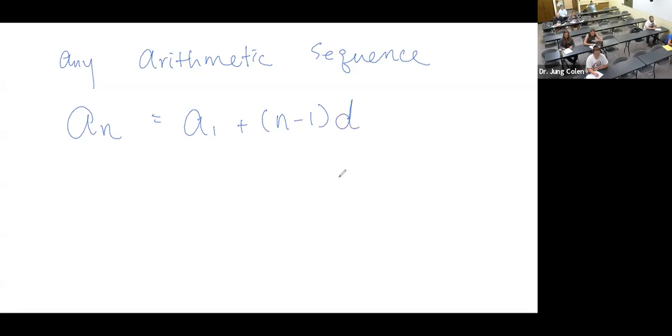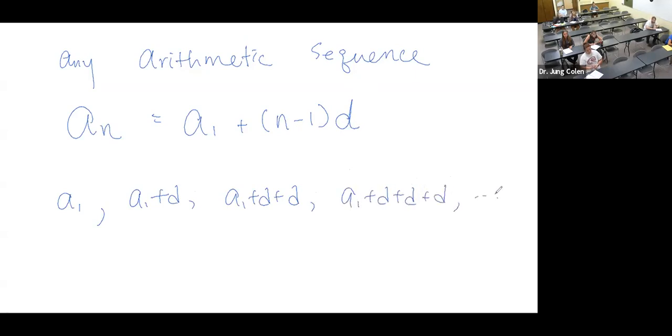In the previous one, we keep adding 4. But that 4 can be changed to the addition number, d. So we can write that sequence as a sub 1, a sub 1 plus d, a sub 1 plus d plus d, a sub 1 plus d plus d plus d. That sequence is called an arithmetic sequence, and you can generalize to find any term.